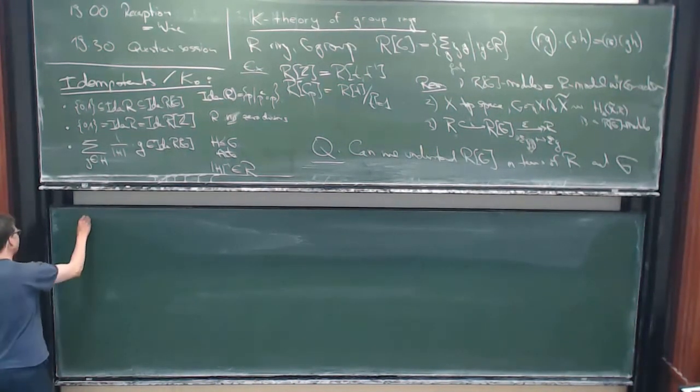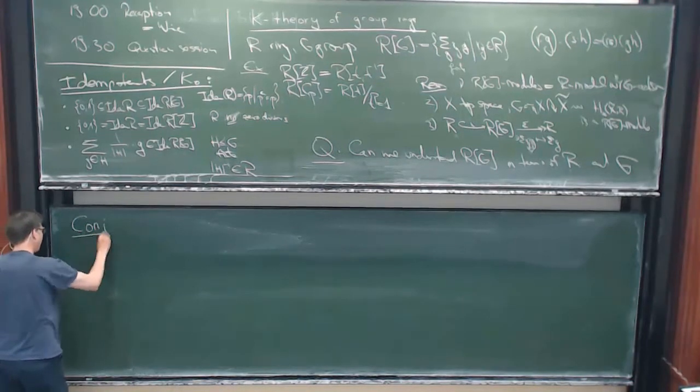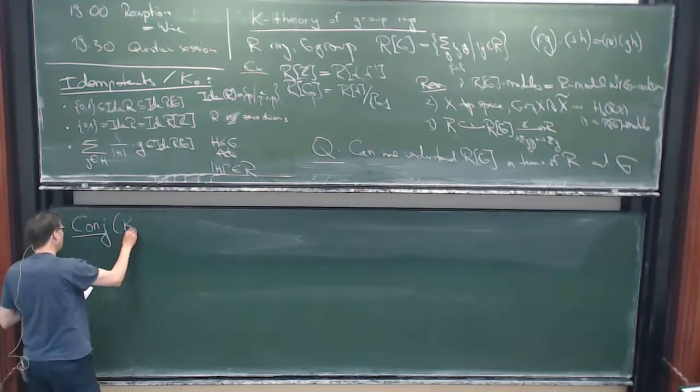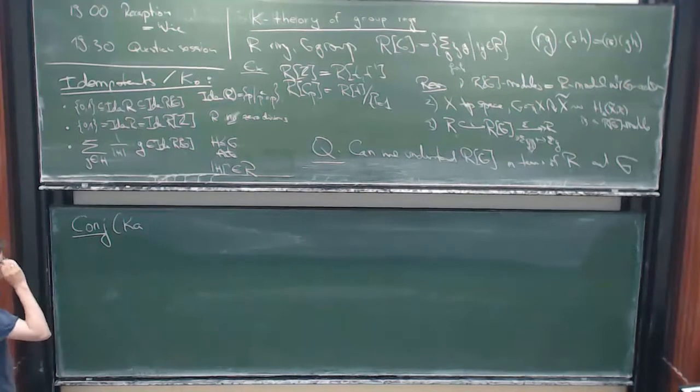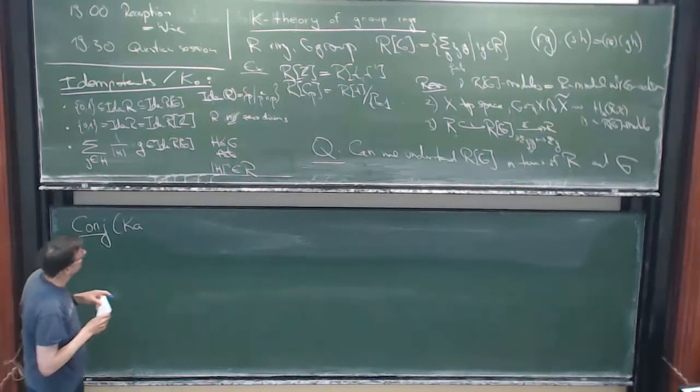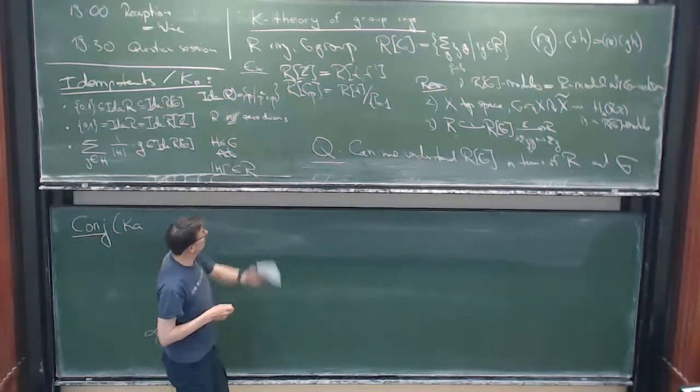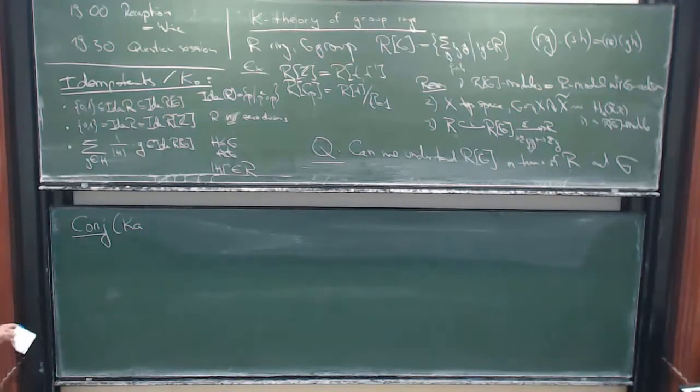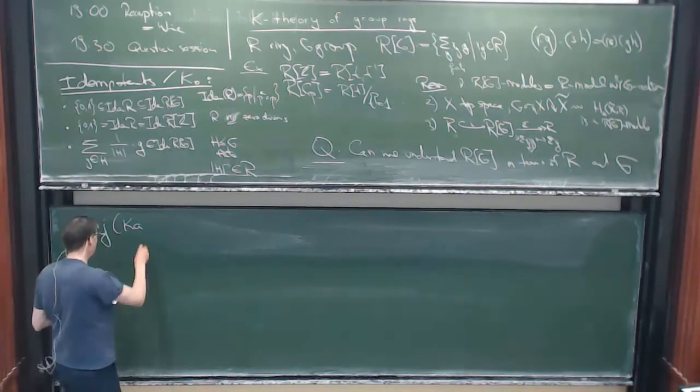Okay, and conjecturally, one needs to have either this or this condition fail to get any nontrivial idempotent. So this is a conjecture of Kaplansky.